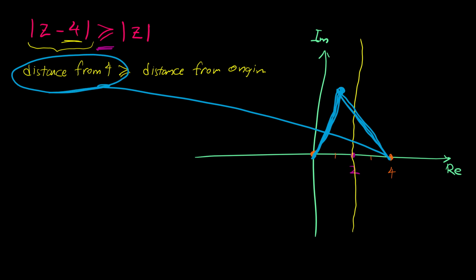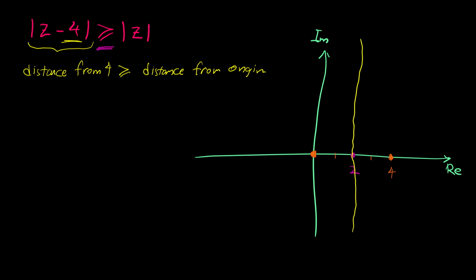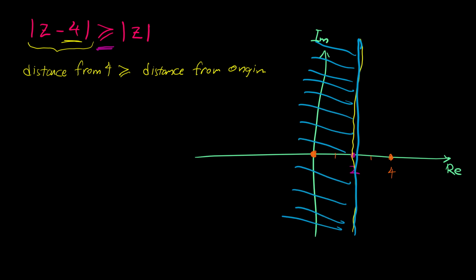But we are looking for points whose distance from 4 is bigger. So exactly the points that are on the left side of this vertical line are the answers. So all the points that lie on this line and on the left side of this vertical line are the points that we are looking for. So the region is this vertical line and all the points on the left side of this vertical line.